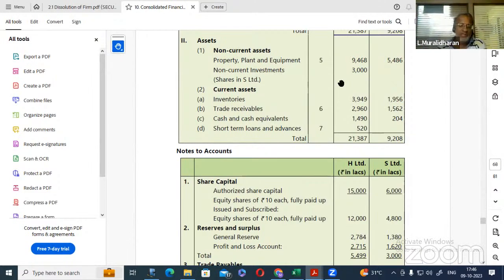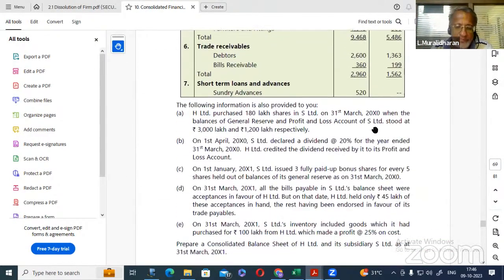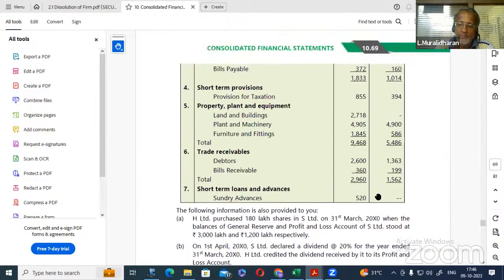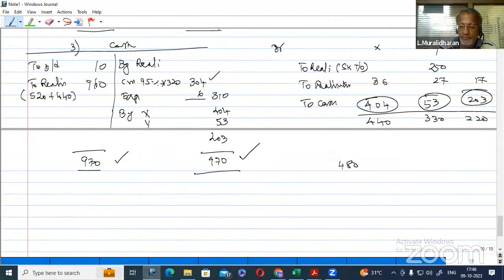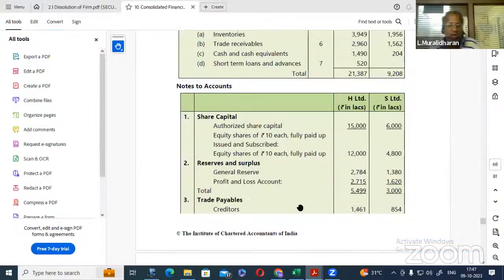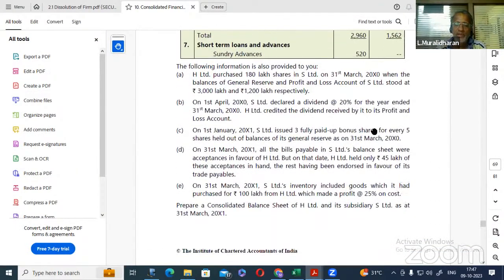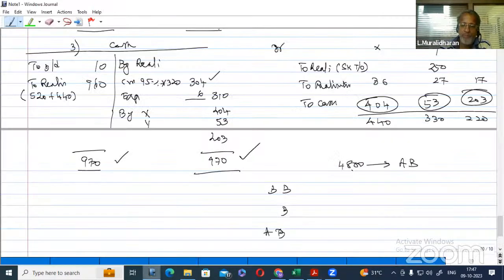Now, this problem is a fantastic problem. 3 paid up for every 5. Say today, the capital of this particular company is 4,800. This is after the bonus issue. Correct? So when we have the ratio as before bonus, bonus and after bonus: before bonus 5, bonus 3, and this becomes 8.